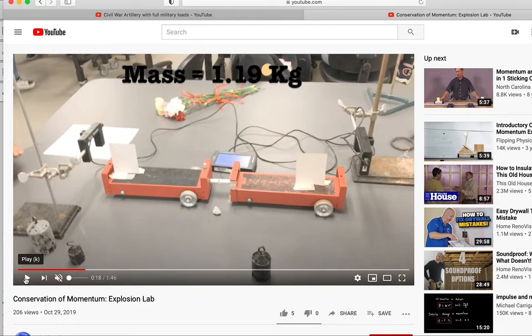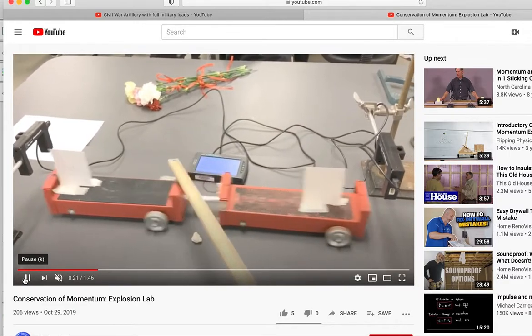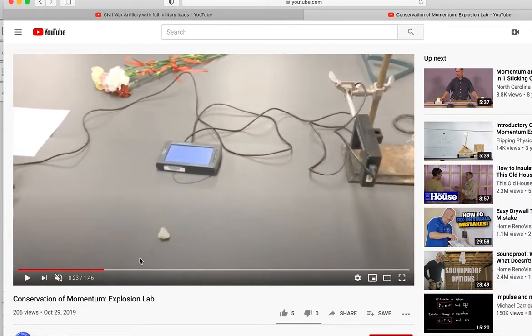Now, Mr. Hammond comes in with the meter stick and he pops it, and the two carts push apart. Now he goes in and he looks at the velocity.